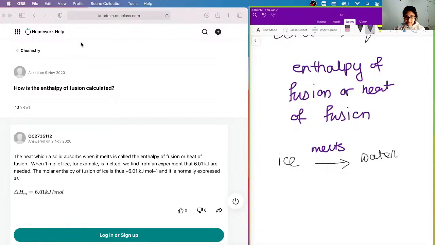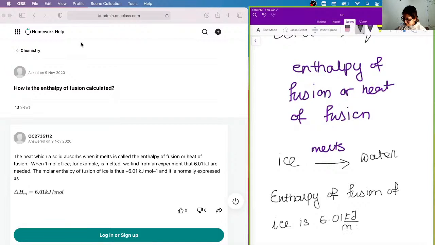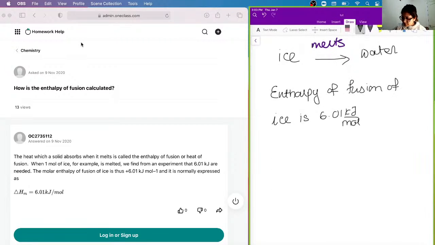You can say that the enthalpy of fusion of ice is 6.01 kilojoules per mole, and it is denoted by the symbol delta H m.